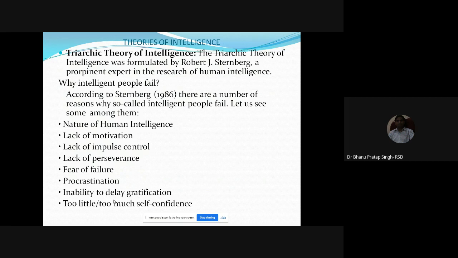Some more theories. Triarchic theory of intelligence. It was formulated by Robert J. Sternberg, and he has defined very important outcomes. Why intelligent people fail.